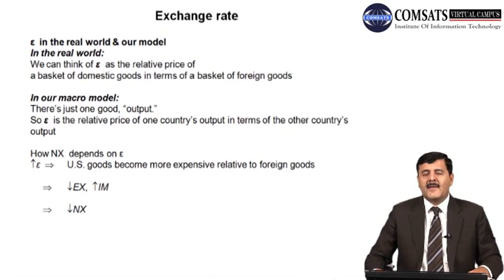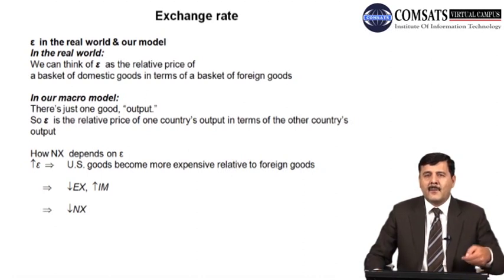For example, if the price of one bushel of rice in the US is $100, and the price of one bushel of rice in Japan is 1600 yen, what would be the real exchange rate in this case?